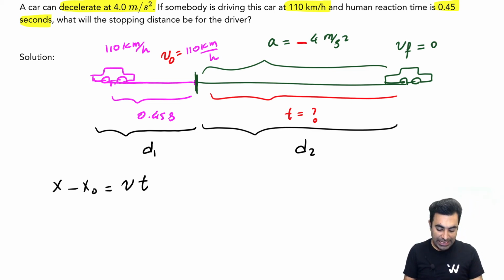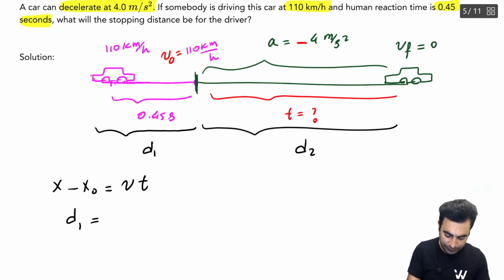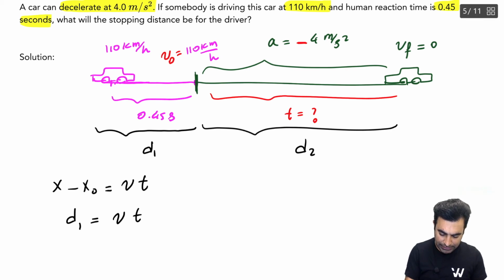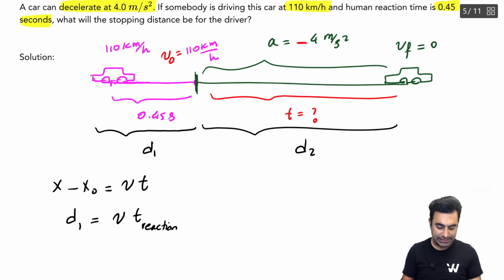Here, x minus x naught is the distance traveled by the car at this moment, so we call it d1. And v is the speed of the car during this motion, multiplied by the time of this section, which is the reaction time.